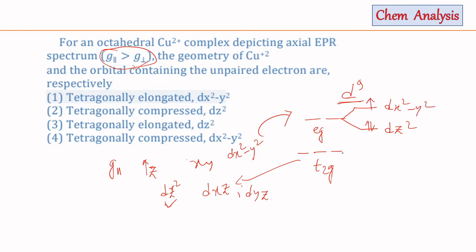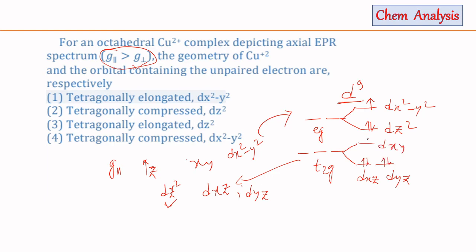Similarly, the t2g orbital will be split like this. That is, here will be dxz and dyz, and the higher energy orbital will be dxy.